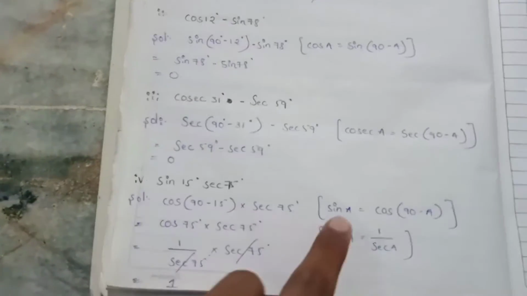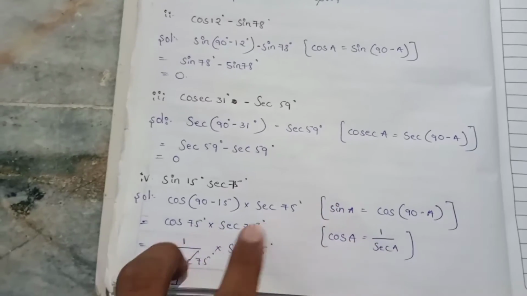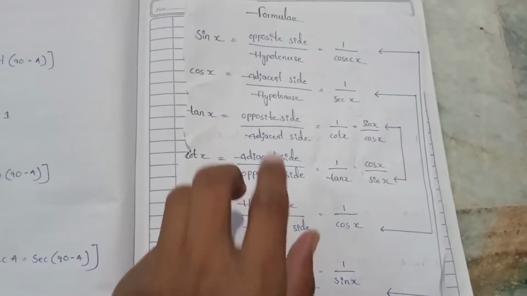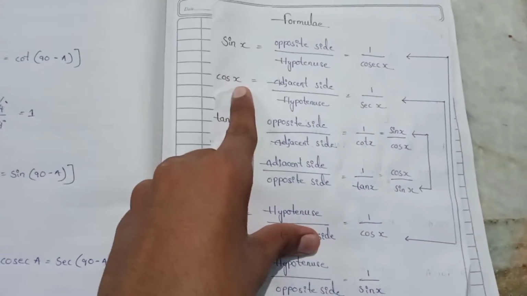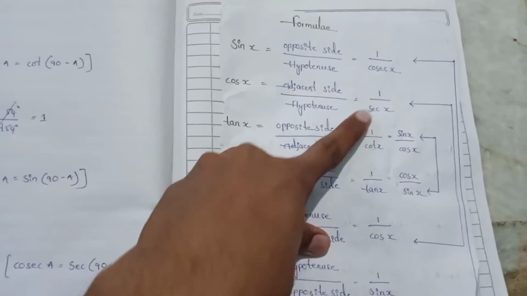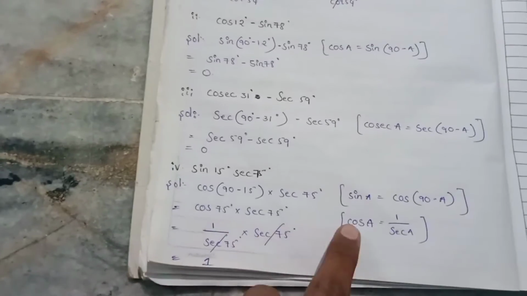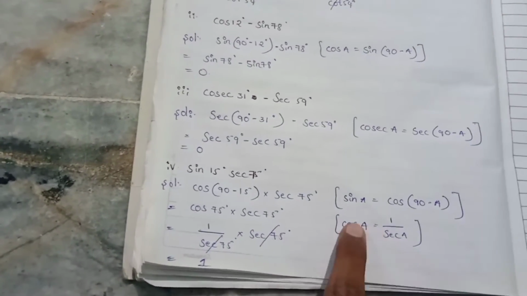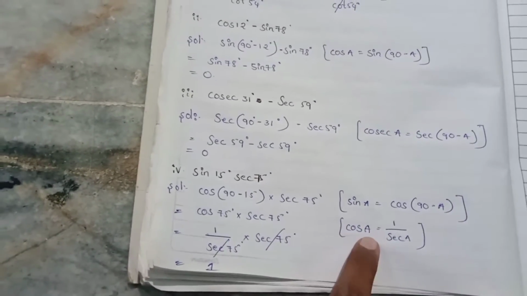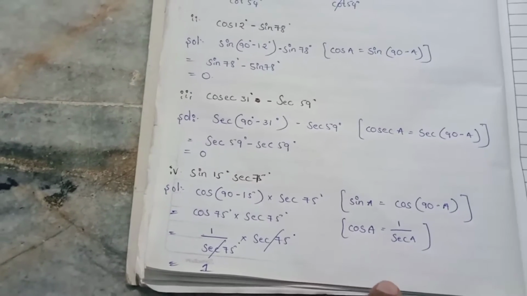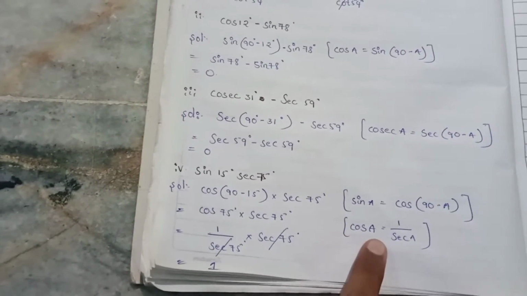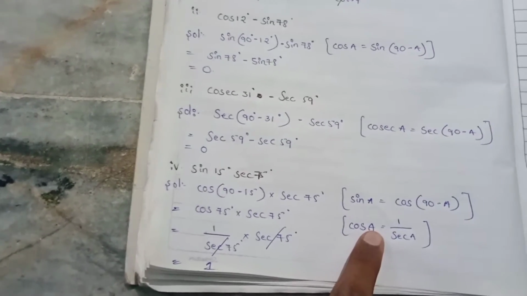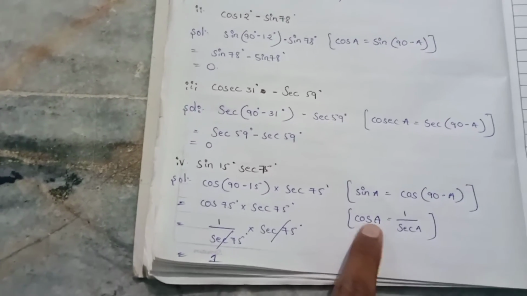After substituting the first formula, if we can't get it, we have to use this type of formulas. Cos x is equal to 1 by sec x. In the place of x I have taken a here. If you want to take any variable, any alphabet, nothing to worry.